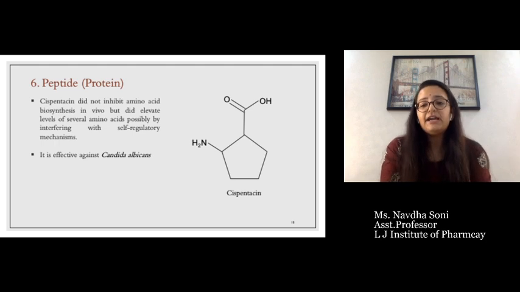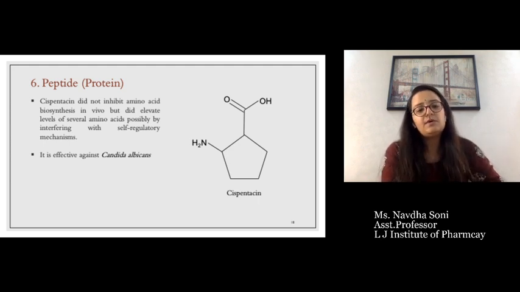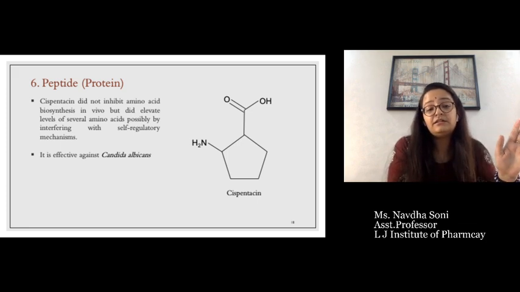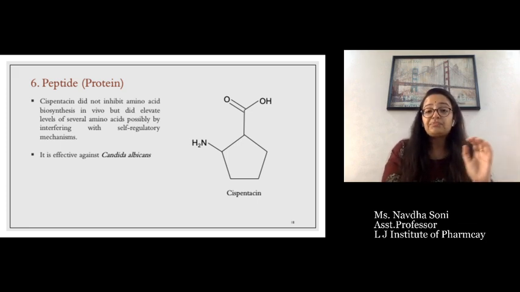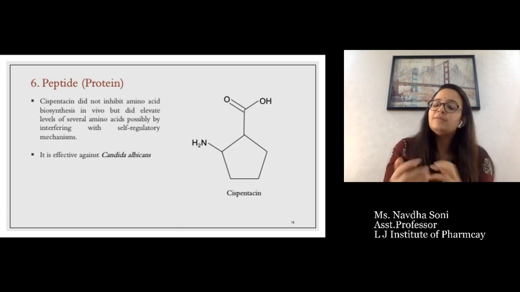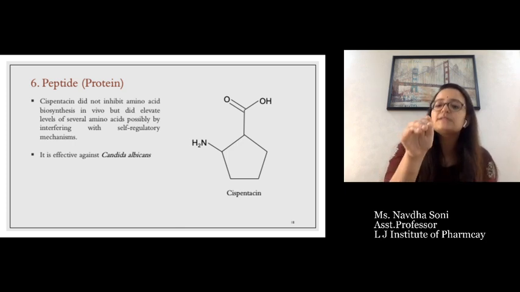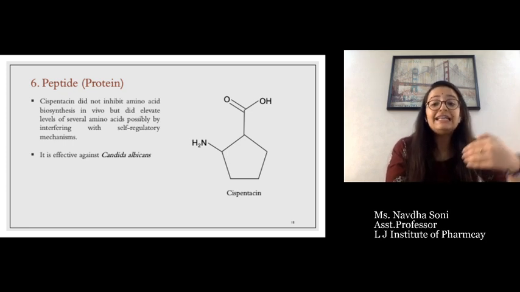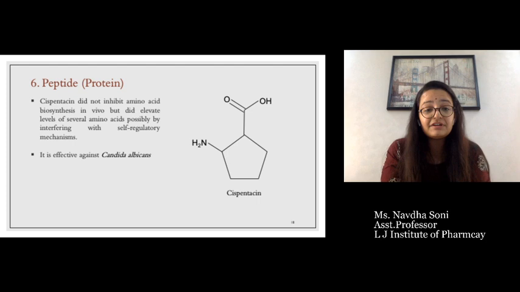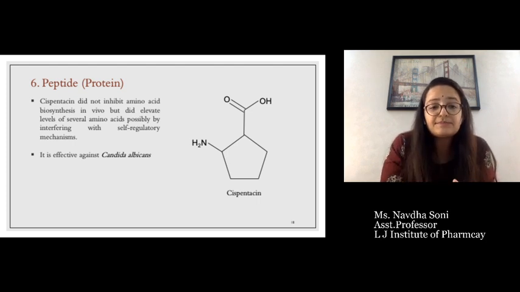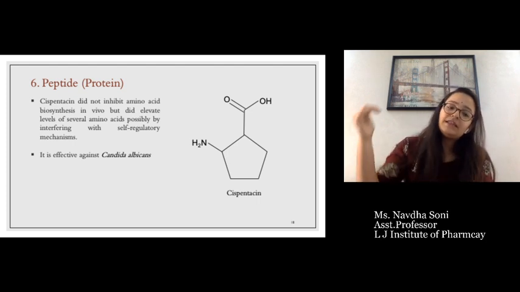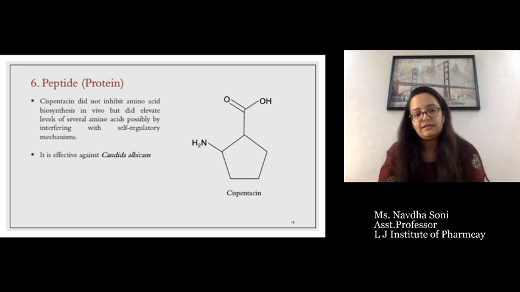Next is peptide or protein. Example is cispentacin. Cispentacin does not inhibit amino acid biosynthesis in vivo, but it elevates the level of several amino acids, possibly by interfering with self-regulatory mechanism.